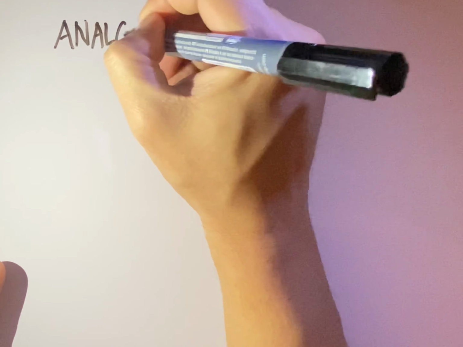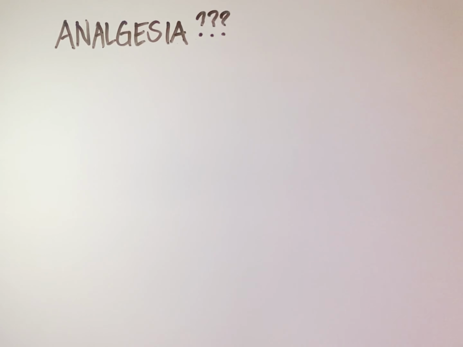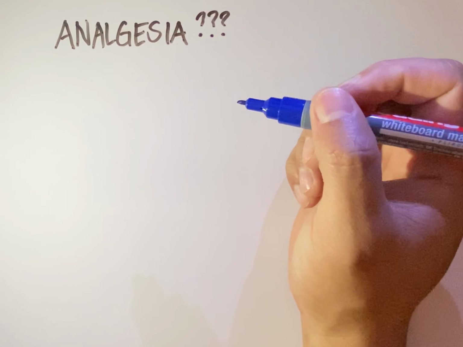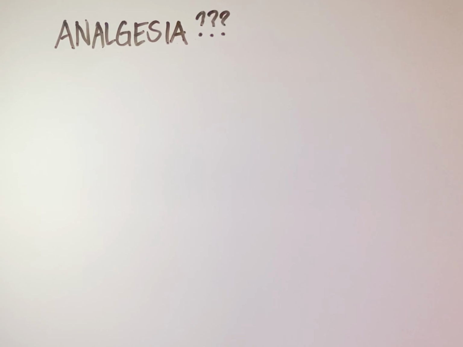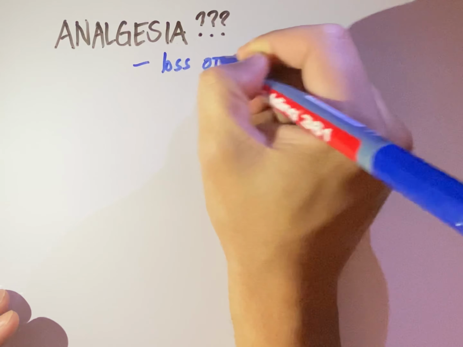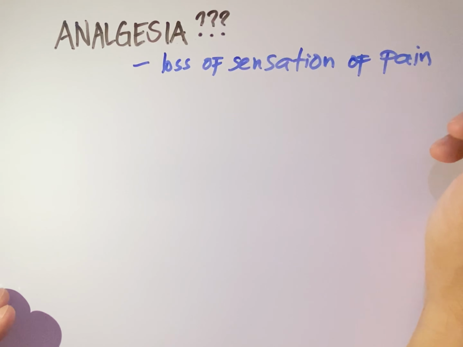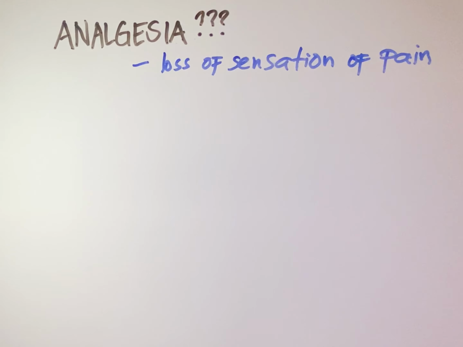First, let's define analgesia. What is analgesia? Analgesia means loss of sensation of pain that results from interruption in the nervous system pathway between the sense organ and brain. So we have different forms of sensation, right? Touch, temperature, and pain.